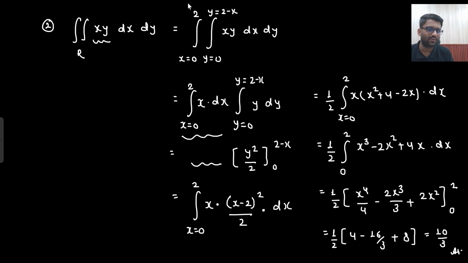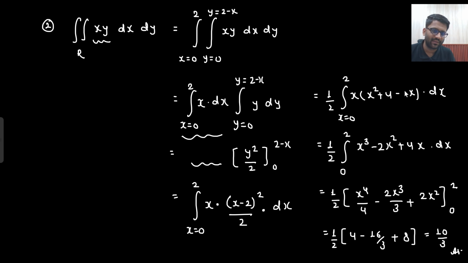So now always the constant limit I will put in the end, and here I will put the variable limit. So x dot dx, y dot dy, y square by 2, 2 minus x whole square divided by 2, 1 by 2 is coming outside. This is becoming x square plus 4 minus 2ab, a square plus b square minus 2ab, right? So this would become 4x.